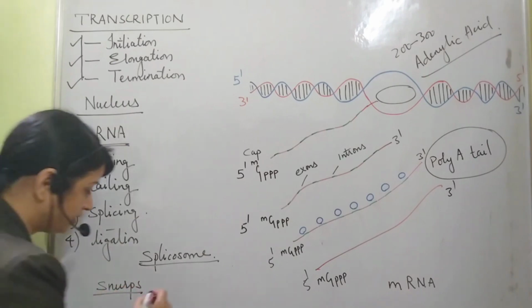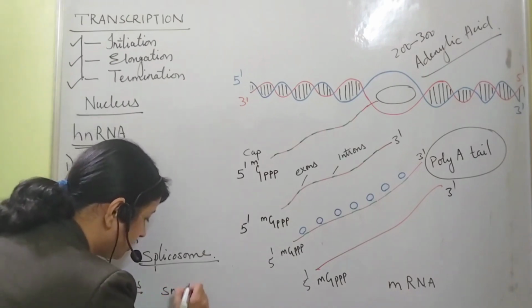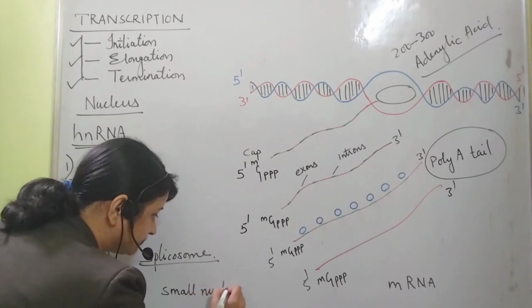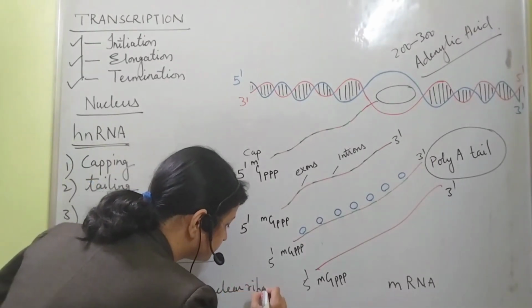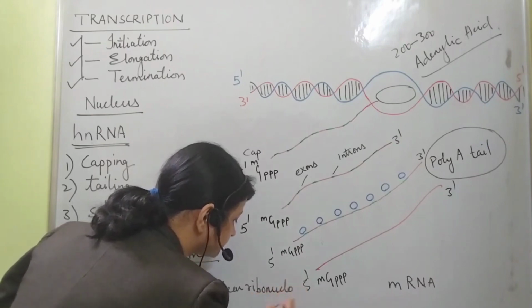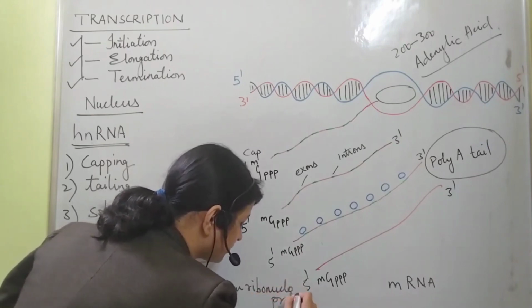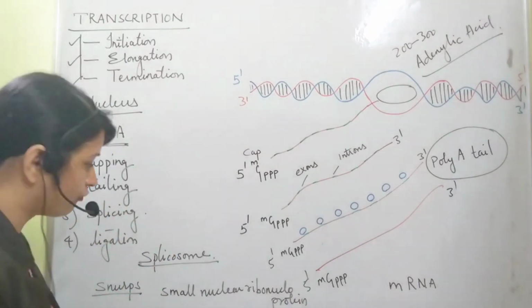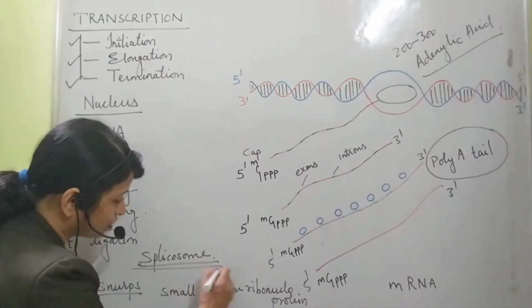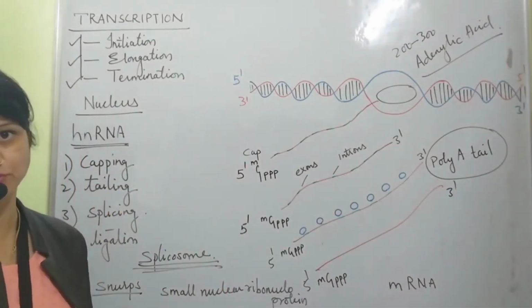SNRP stands for small nuclear ribonucleoprotein. These proteins, along with some other proteins, form a complex, and that complex is known as the spliceosome.